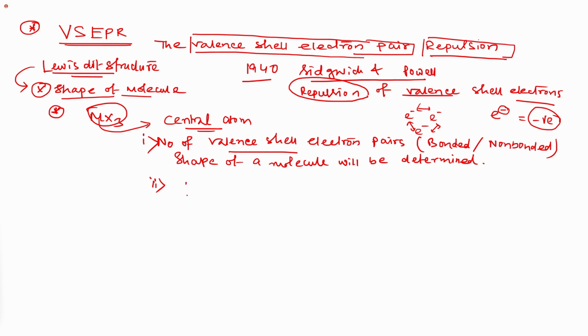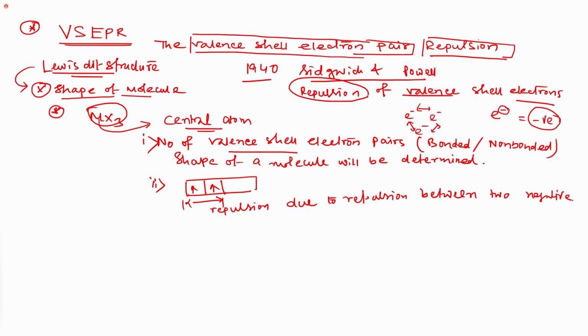Suppose in a shell there is one electron and another electron. Among these two electrons there is a repulsion, the repulsion between two negatively charged electron clouds.